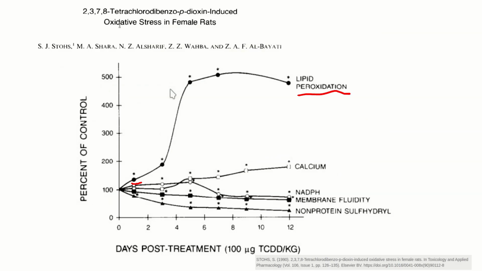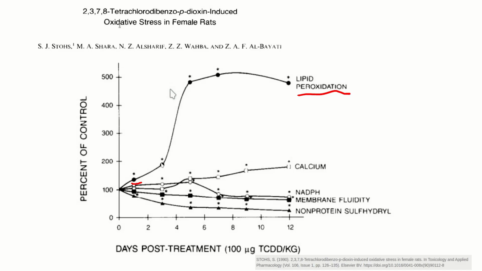At the same time, this is an older study, but this shows they gave rats a single dose of TCDD, which activates the aryl hydrocarbon receptor. And after 24 hours, after 1 day, I've got it underlined in red. This is T-bars again. That's what they're measuring here. And so they're measuring those oxidized PUFA, and they go from 100% of controls up to about 130% of controls in 1 day.